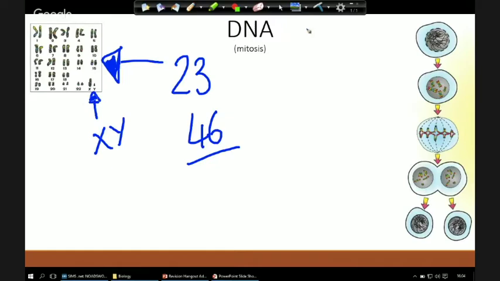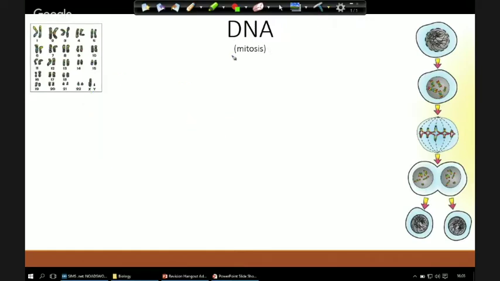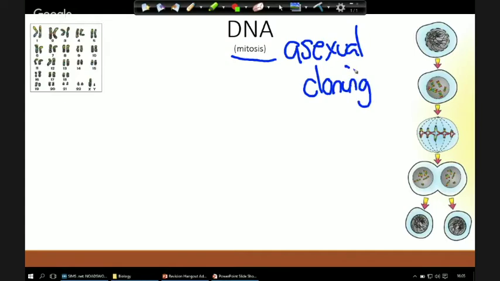So what is mitosis? Well, mitosis is essentially asexual reproduction. It's essentially cloning of a particular cell. It's an exact copy. And it works via the following.